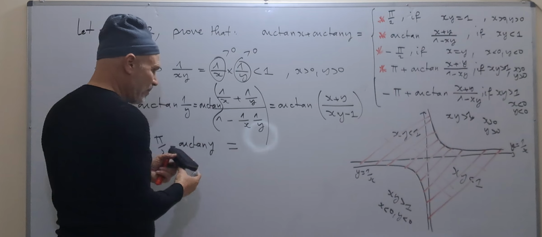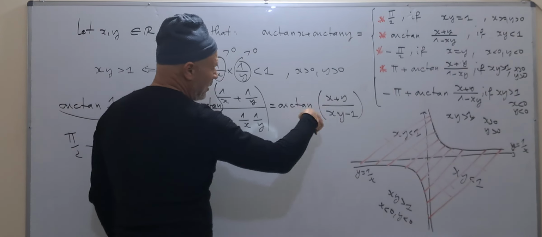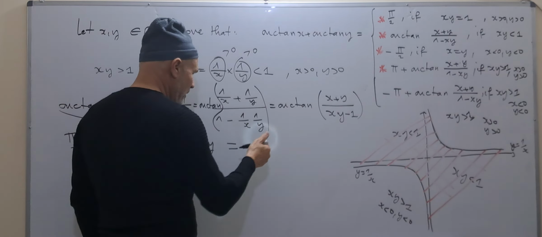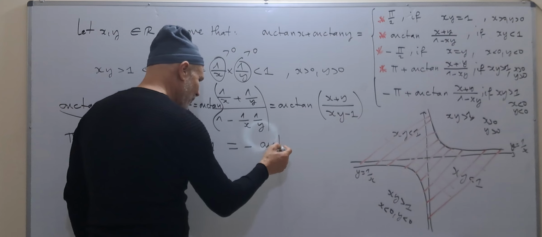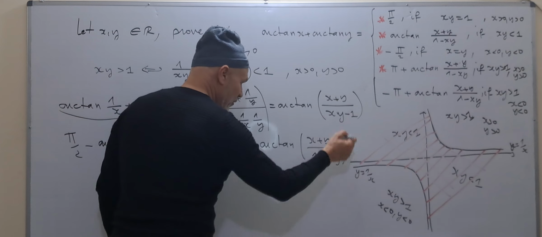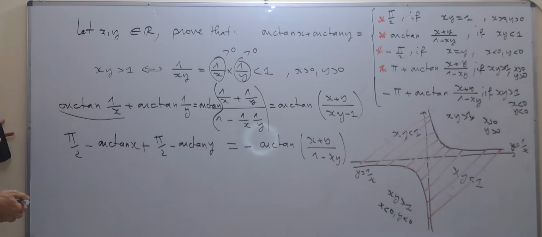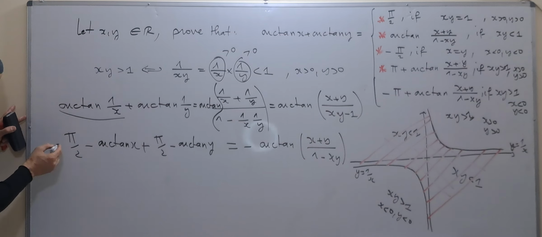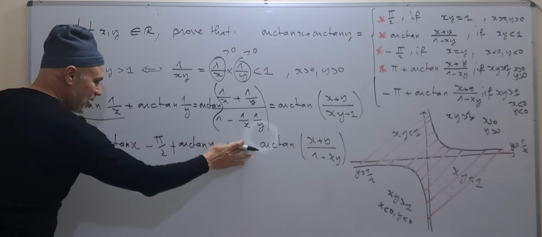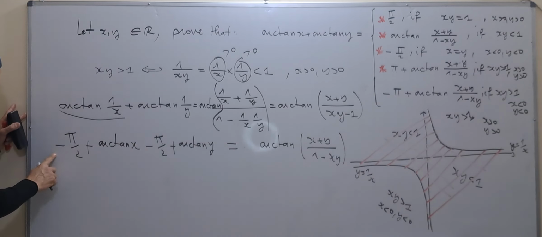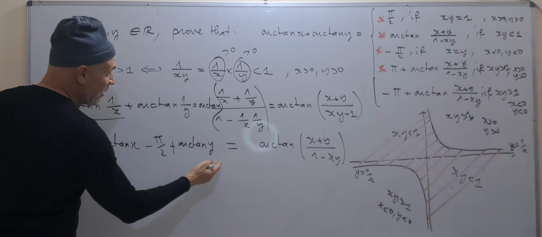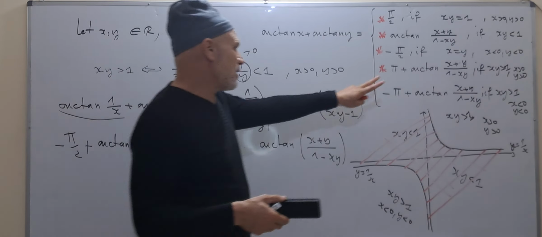This is equal to minus, we can take minus as a common factor since arctangent is odd, so it will be minus arctangent of x plus y over 1 minus xy. We flip. If we multiply by minus, we get here minus, here minus, and here plus. So we have minus pi plus this. We take minus pi to this side, and we will get exactly this formula.